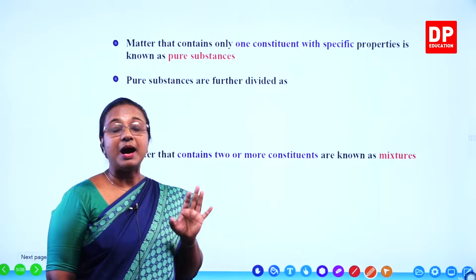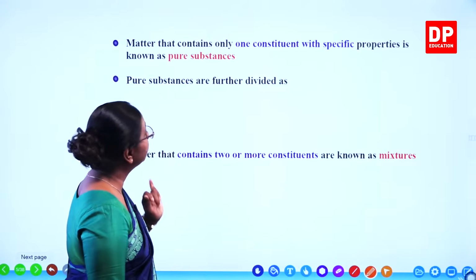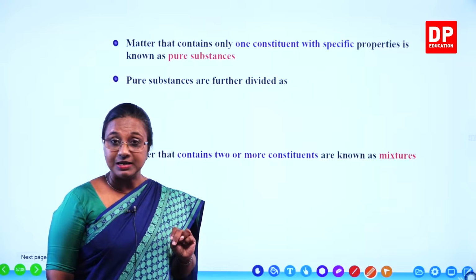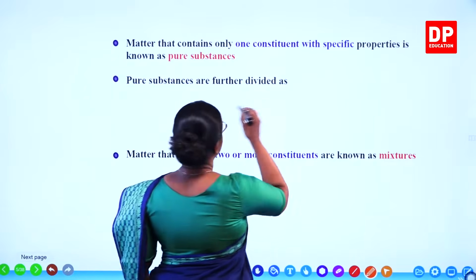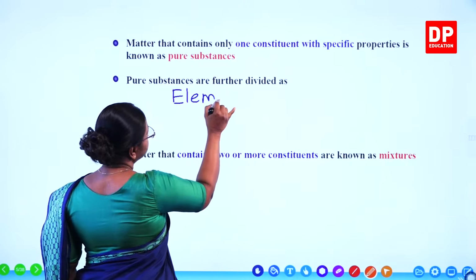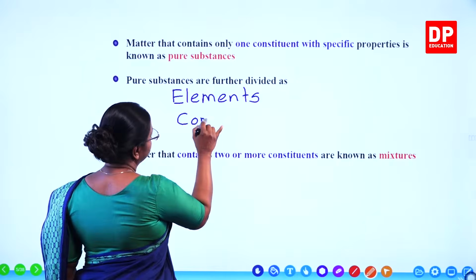So all of them are pure substances. And pure substances are further divided as, I told you all the two types, elements and compounds. So here they are divided as elements and compounds.